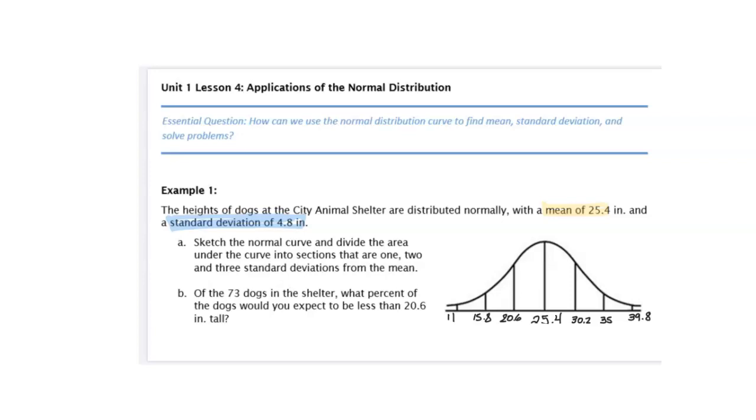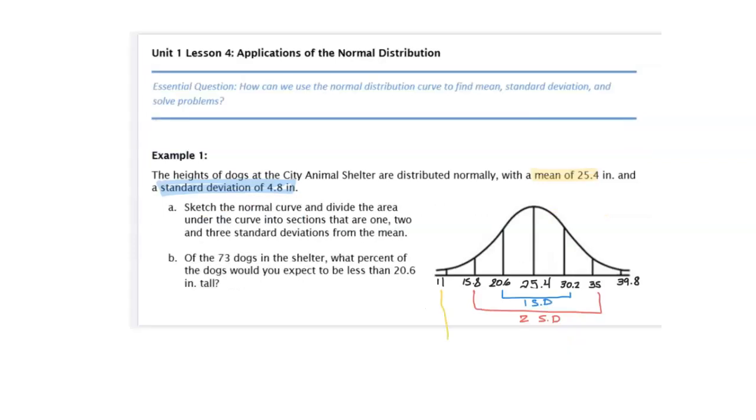And just to recap, 1 standard deviation from the mean would be here. That's 1 standard deviation. 2 standard deviations from the mean would be here. And 3 standard deviations from the mean would be here. So just again as a very quick recap of what we learned last week.